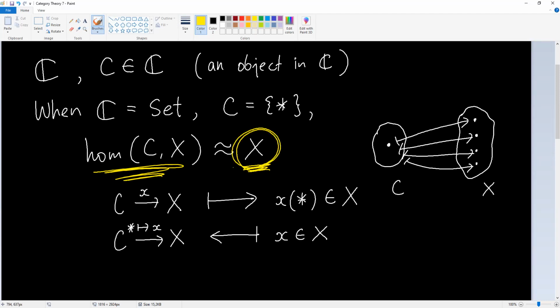It's just an abstract object in the category, but this thing is still a set in the abstract case.